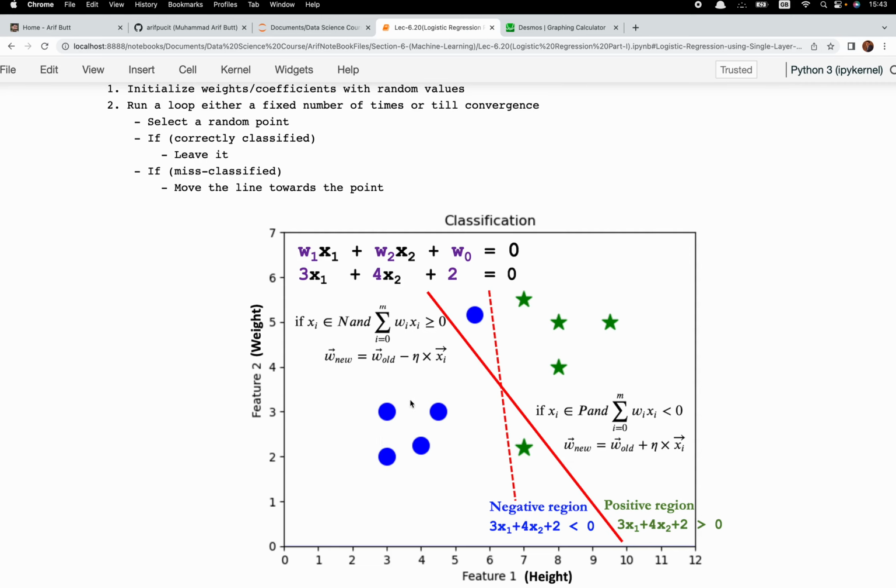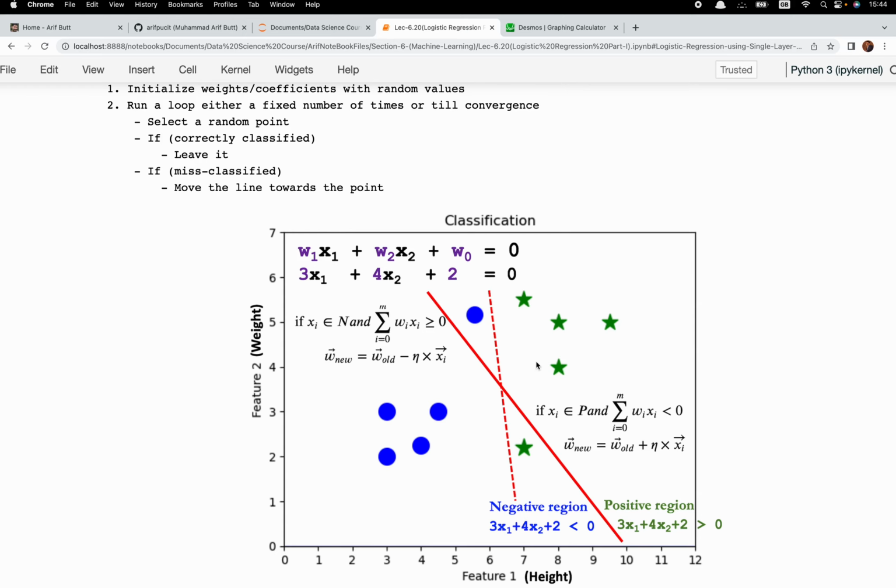So these 4 blue circles are correctly classified. Similarly, these 4 green points represented by these green stars are positive as per their labels, and since they are in the positive region, they are also correctly classified.